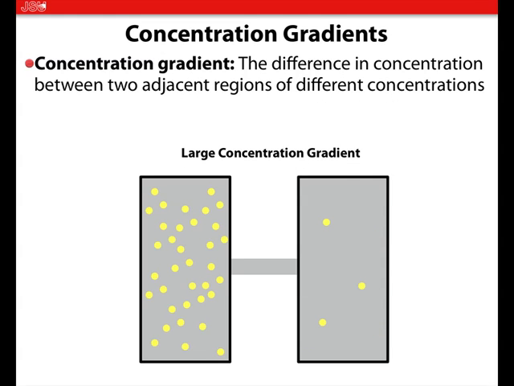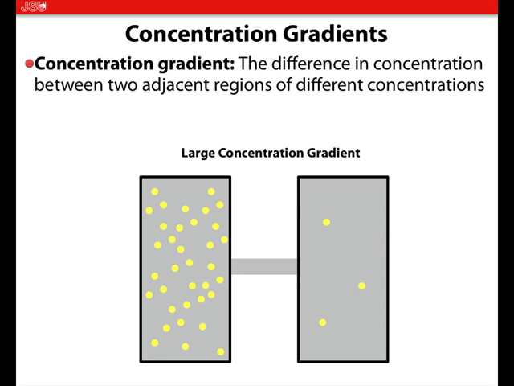Now, what's a concentration gradient? You're going to hear this term a lot in biology. Concentration gradient. When you have a difference in concentrations between two regions, that is a concentration gradient. Okay? One area has a high concentration, one area has a low concentration. That's a concentration gradient.